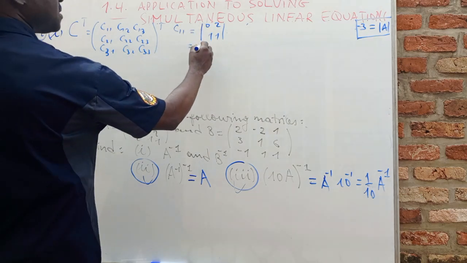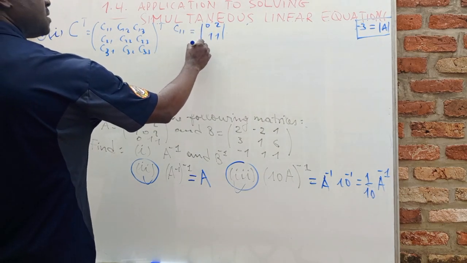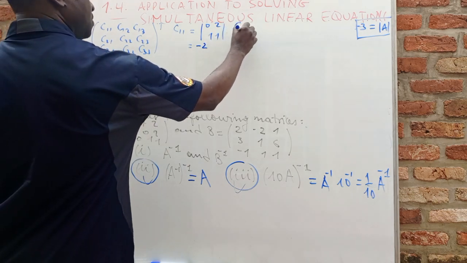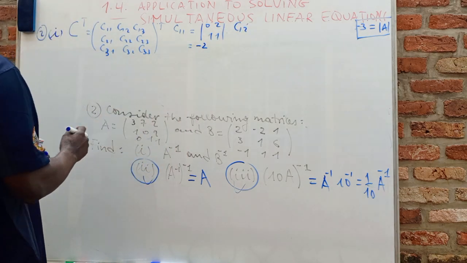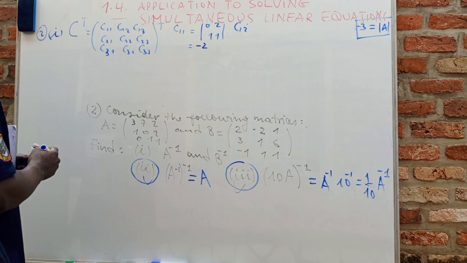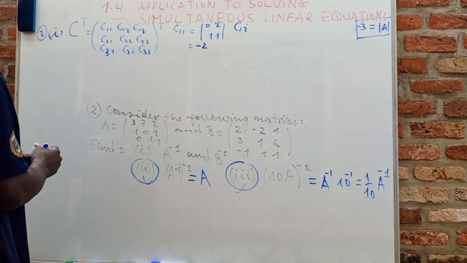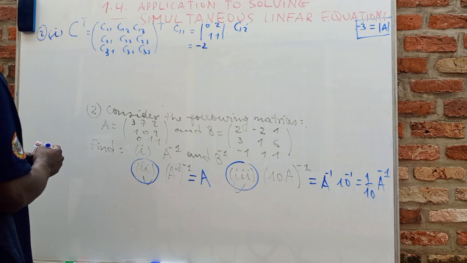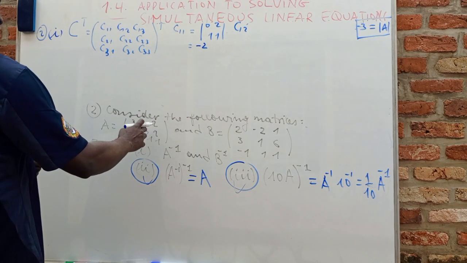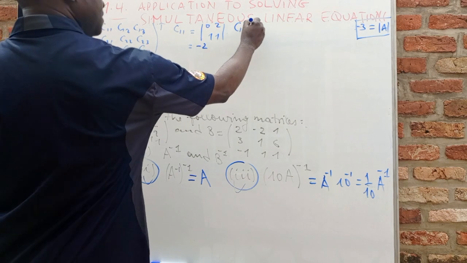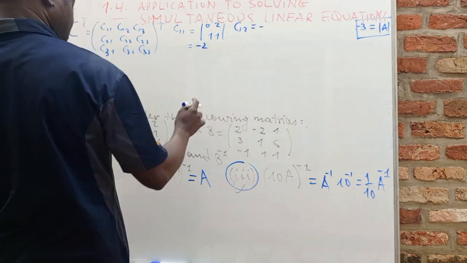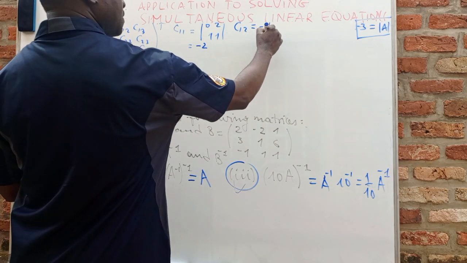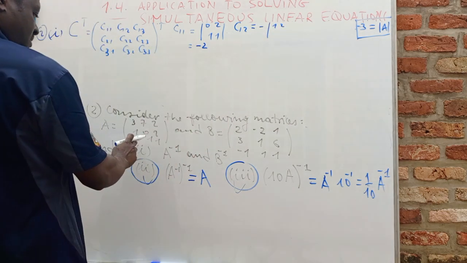So now this is 0 minus 2, so C11 is negative 2. Then C12 is going to be negative 1, from 1, 2, 1, 2, 0, 1.